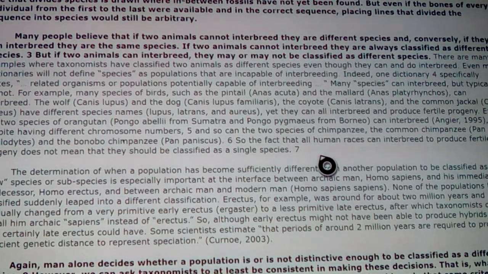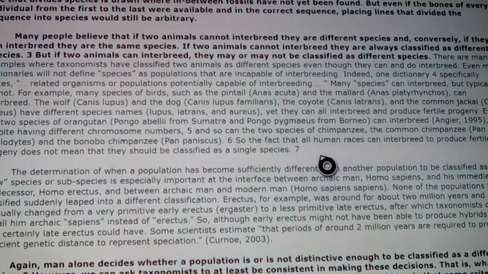Even if the two species of orangutan, say Pongo abelii from Sumatra and Pongo pygmaeus from Borneo, can interbreed, which Angier in 1995 showed, despite having different chromosome numbers even.